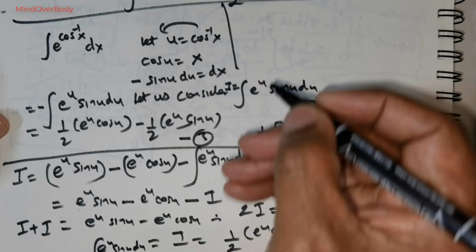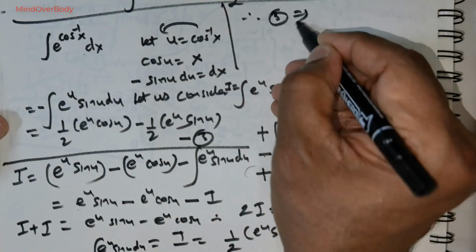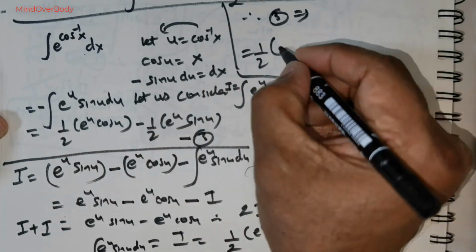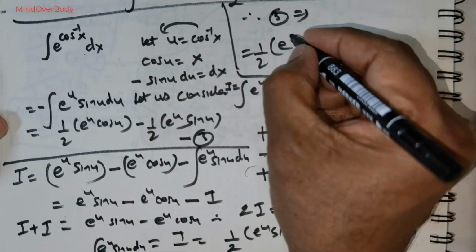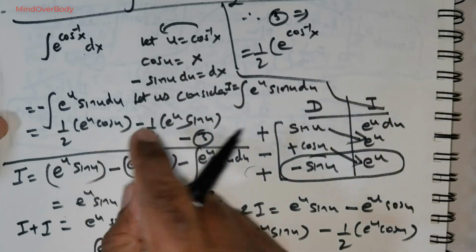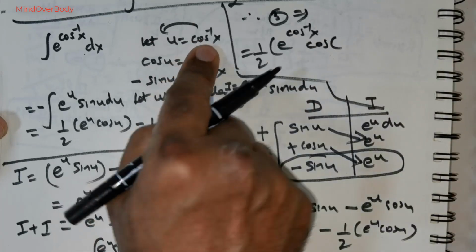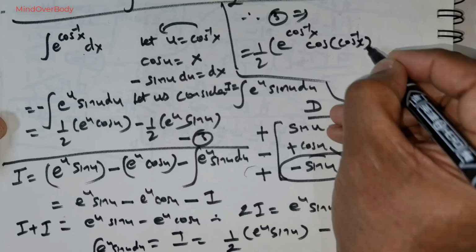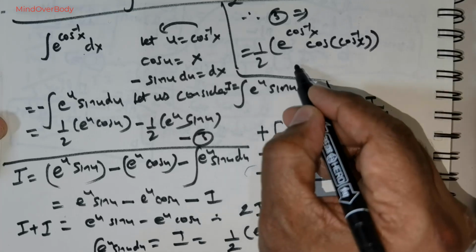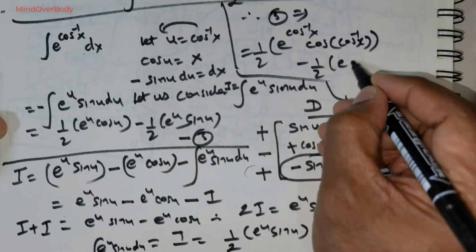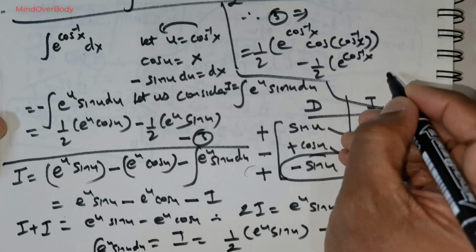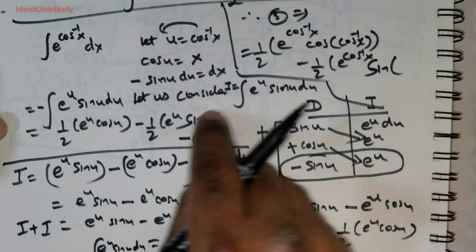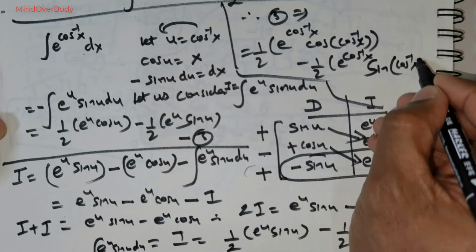So if you were to take this as 3, therefore 3 can be rewritten as 1 over 2 times e raised to the power of cos inverse of x times cos of cos inverse of x, followed by negative 1 over 2 times e raised to the power of cos inverse of x times sine of cos inverse of x.